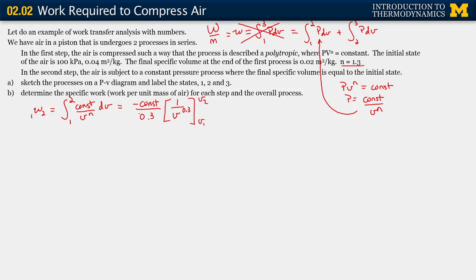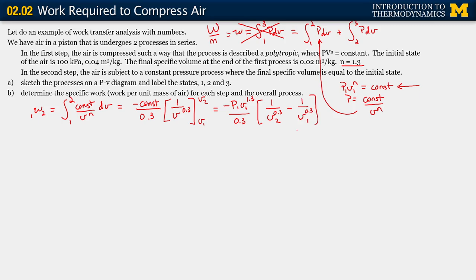And if we go ahead and say, hey, this constant can be determined by using either the information at state 1 or state 2, whichever one is fully defined. And in this problem, of course, P1 and the specific volume at state 1 are fully defined. So we can go ahead and substitute that in here to the 1.3 power divided by 0.3, and then we have 1 divided by the specific volume raised to the 0.3 power at state 2 minus this parallel expression for the state 1 condition.